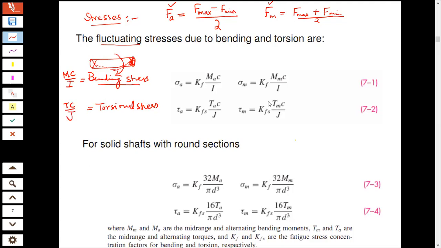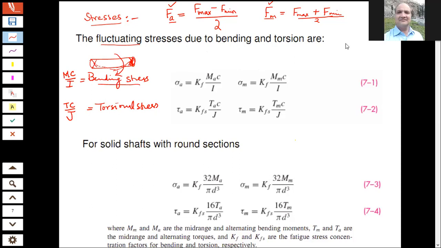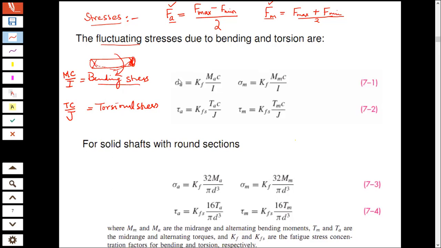Okay. So now I have two components of bending and two components of torsion. The alternating force is causing an alternating bending stress and a mid-range stress.